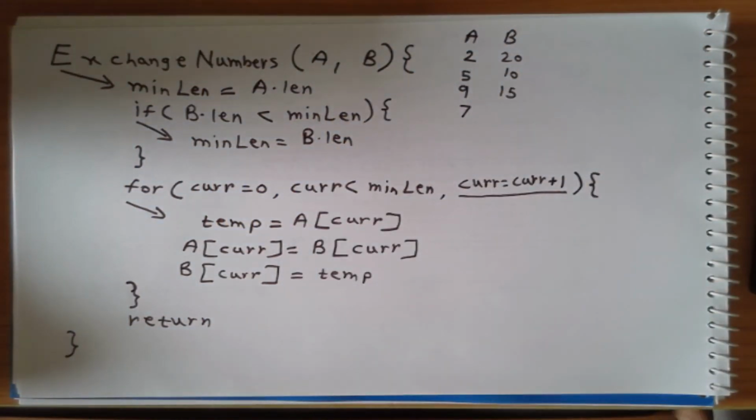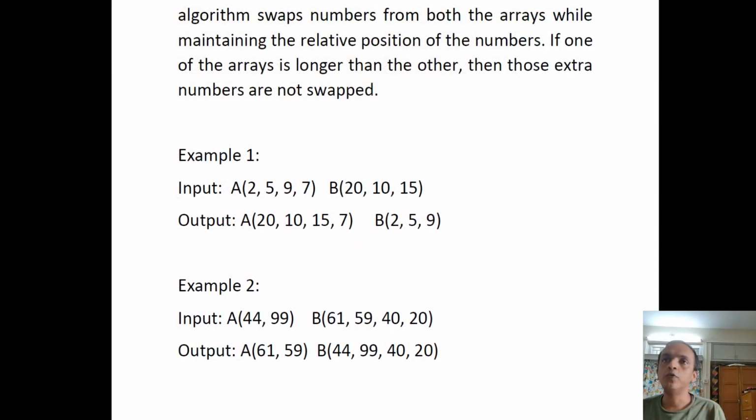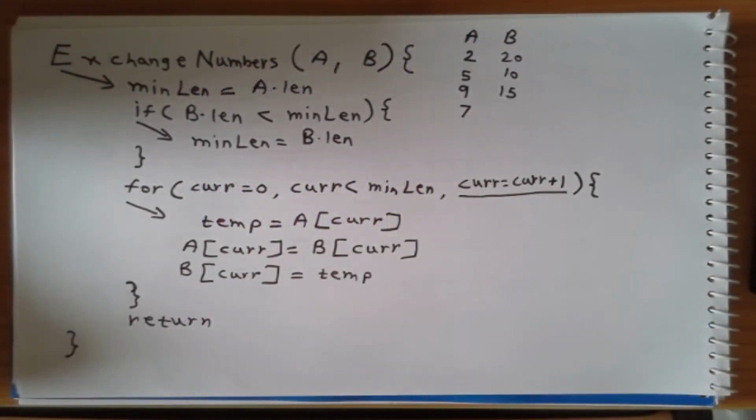Let's verify that we have copied the numbers correctly: 2, 5, 9, 7, 20, 10 and 15. And now let's execute this algorithm for this particular input, and then let's see what happens.